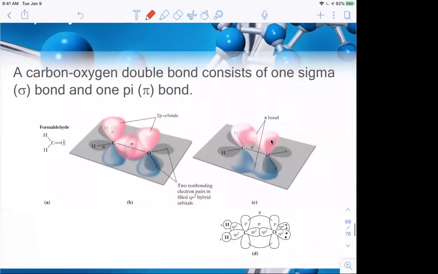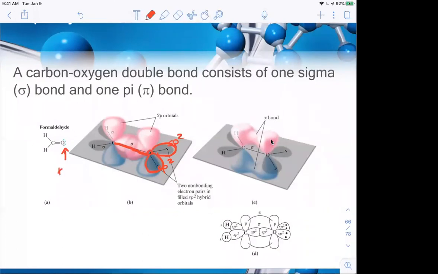I can also do this if I have oxygen, right? So if I look at oxygen, oxygen is also going to be sp2 hybridized, right? So what I'm going to see here is I'm going to have this oxygen, here's my sigma, and then my lone pair, this is an sp2, this is an sp2.